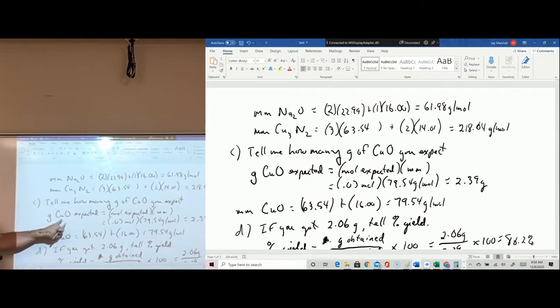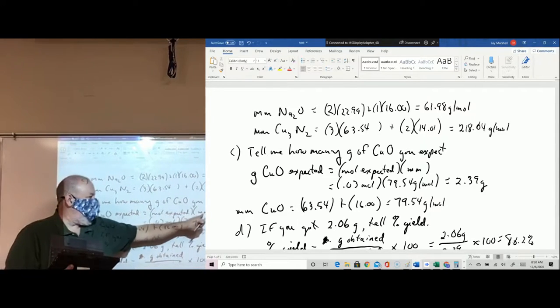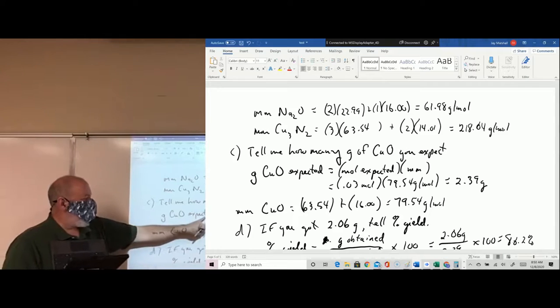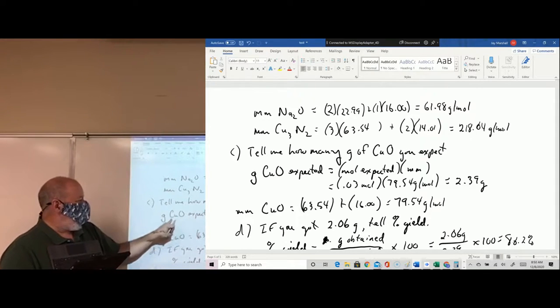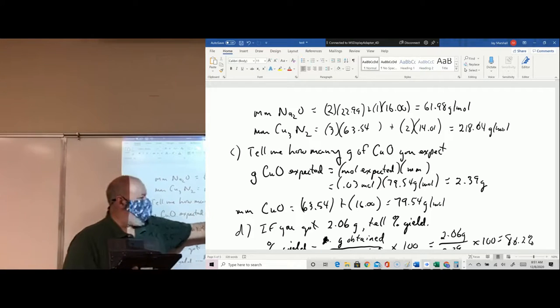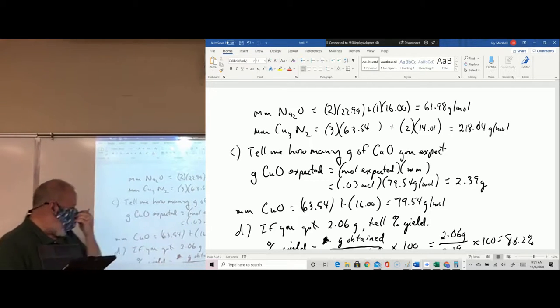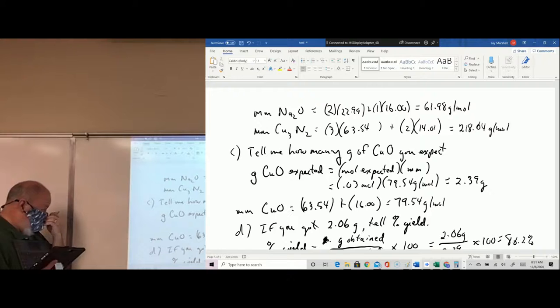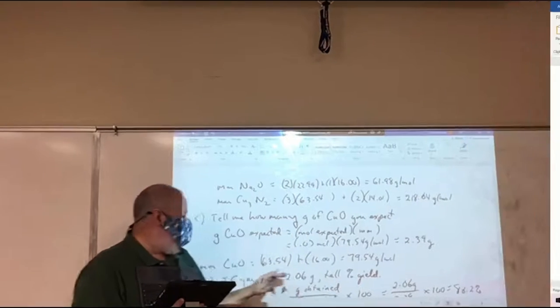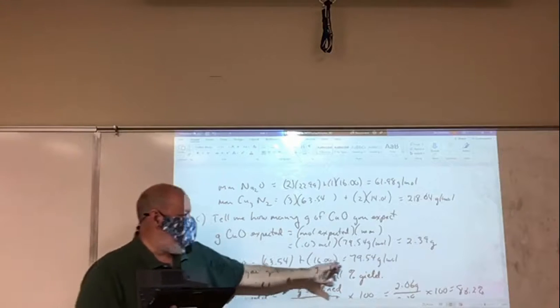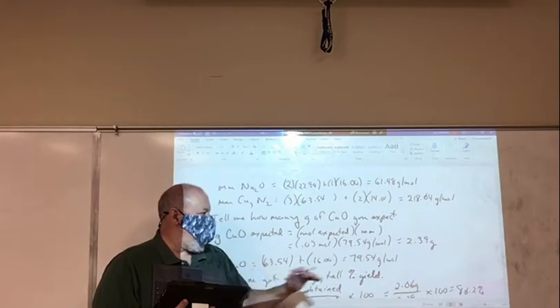Grams of copper oxide equals moles times molar mass. Here's the grams of copper oxide expected: it's the number of moles expected times the molar mass. So 0.03 moles, and you have to figure out what the molar mass of that is, 79.54.